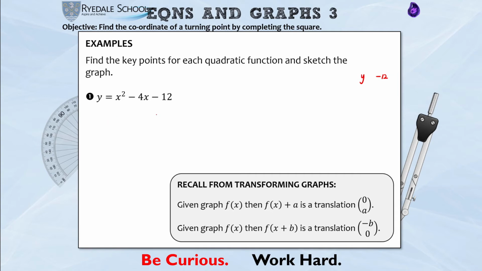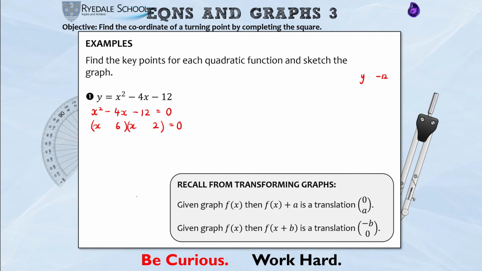To find the x-intercept, I need to solve the quadratic equation. So I'm going to put it equal to 0 and solve it. And like I say, factorization will be the way that I'm going to be getting you to solve most of the equations today. So x at the front of each. What numbers multiply to make 12? Well, it's 6 and 2, because 6 and 2 have a difference of 4.